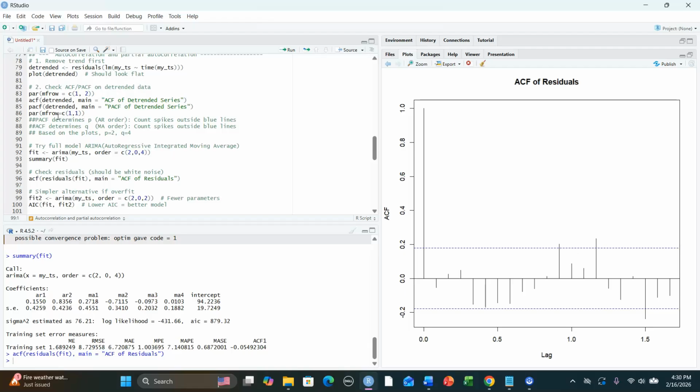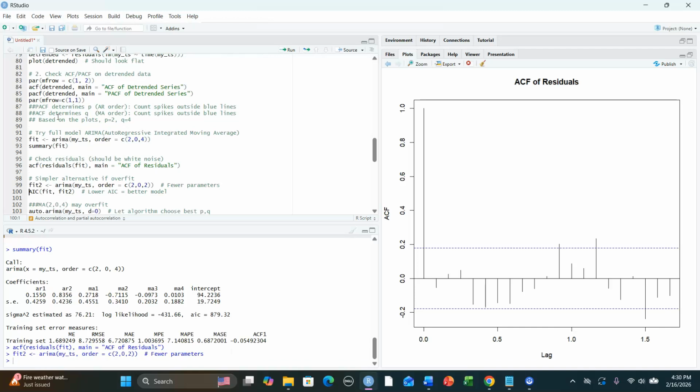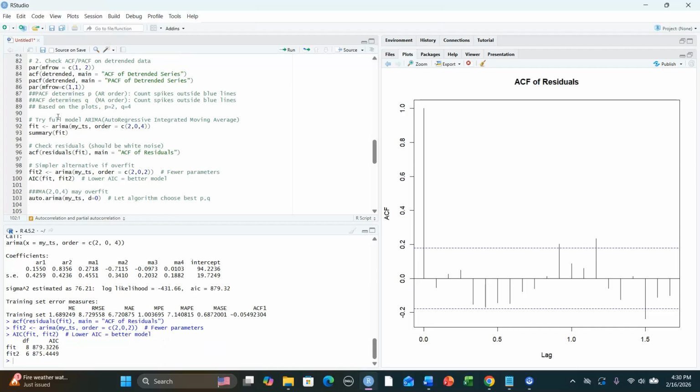So we can fit a second ARIMA on my time series with order c(2, 0, 2), okay, fewer parameters. And we can print out the AIC. The smaller AIC is the better. So fit2 actually has a smaller AIC, so maybe we should use that one, okay.